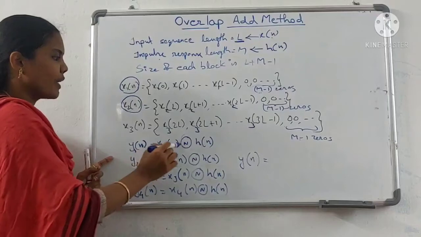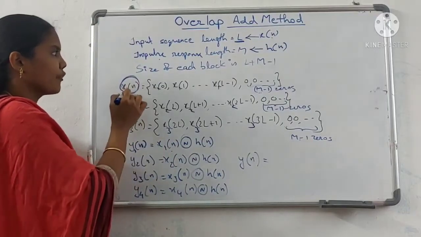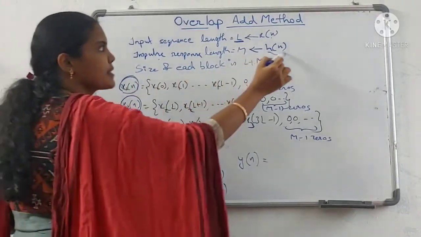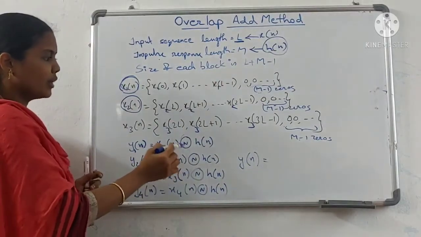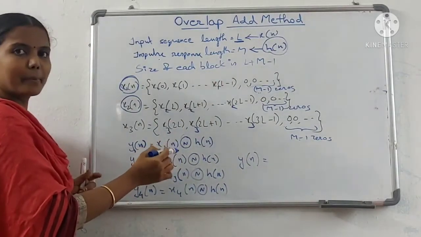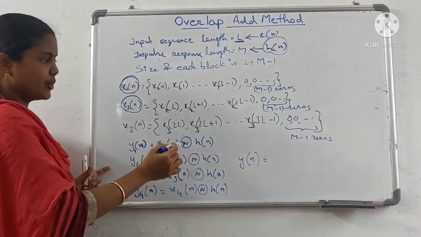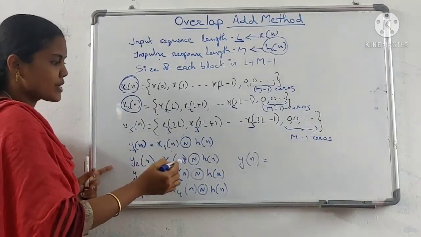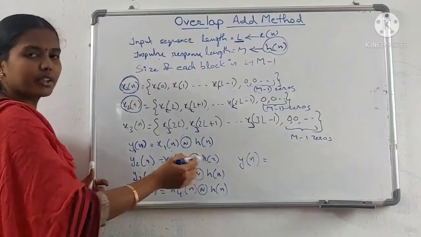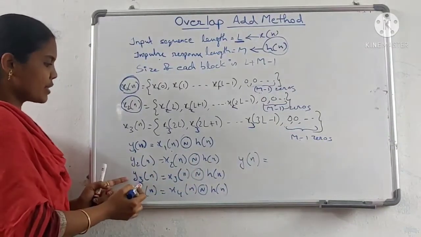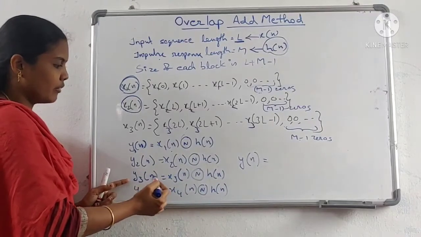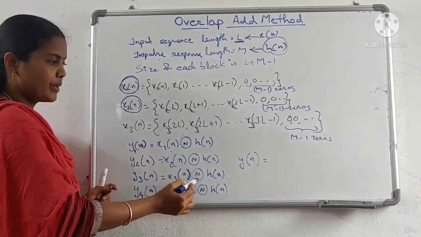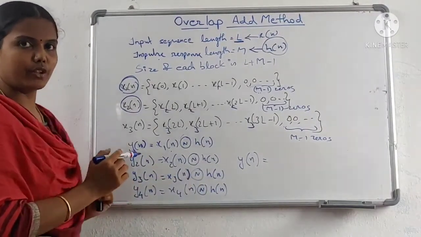We know x1 of n and h of n, so you have to convolve the input and the impulse response using circular convolution. y2 of n is equal to x2 of n circular convolution with h of n. y3 of n is equal to x3 of n circular convolution with h of n.